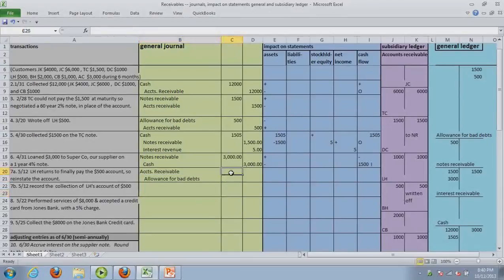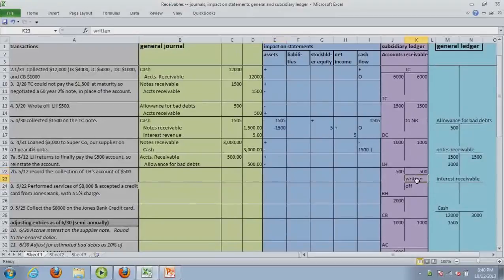So there's a reversing of the write-off, or the reinstate, however you want to call it. And of course it was an asset exchange up here, so guess what? It's also an asset exchange here. We're simply flipping. No impact on the income statement or cash flow. But what it does do is it puts me back into business again. So I'm going to take off the written off. I'm going to put myself back in as 500.